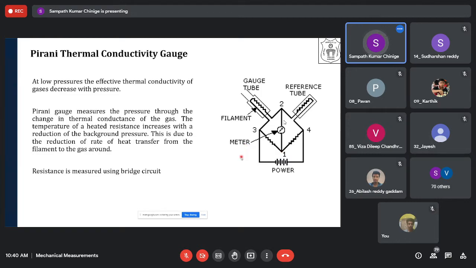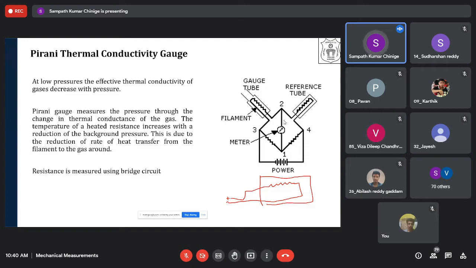For example, a simple diagram: there is a source, plus or minus, and then I will send it into a chamber. Let us say this is the evacuated chamber, and this is the filament.